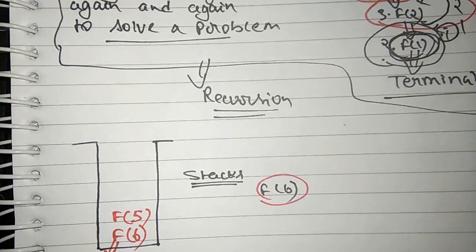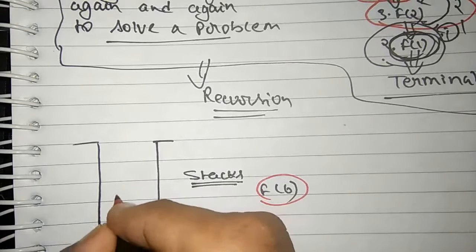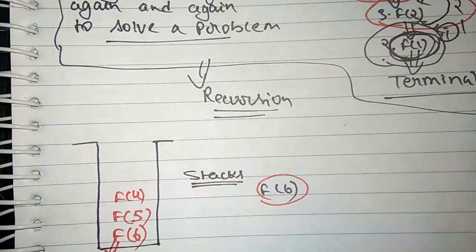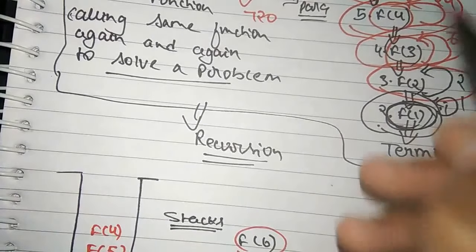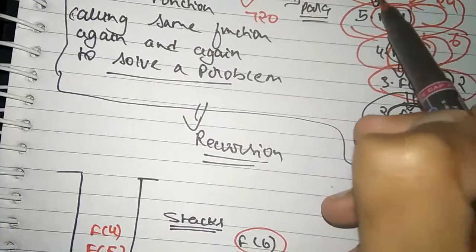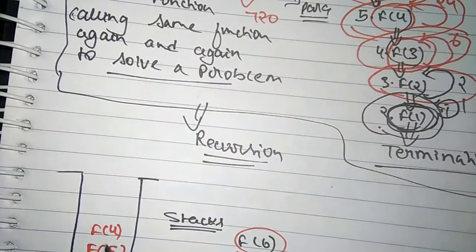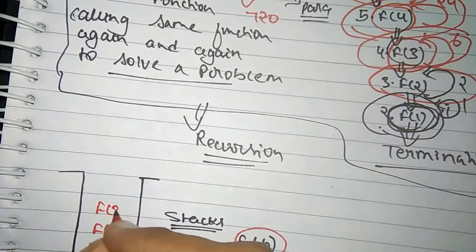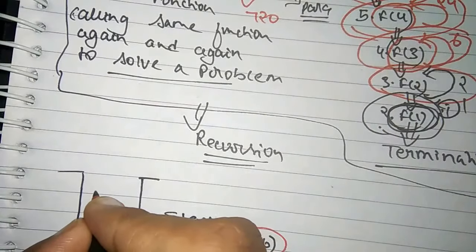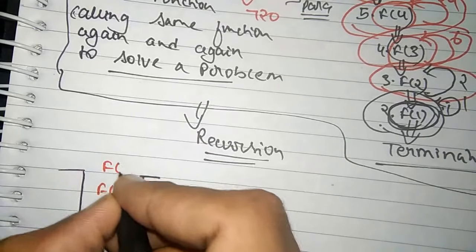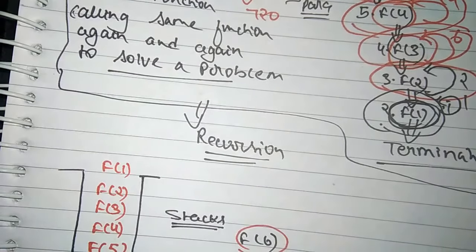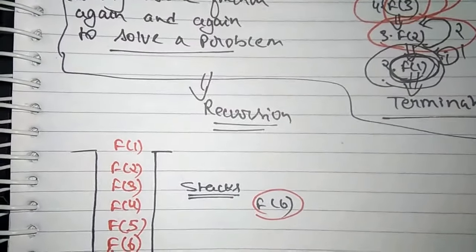Alright. F of 5 will call f of 4, as we have seen in our example. F of 5 is calling f of 4, and f of 4 will call f of 3. F of 3 will call f of 2, and so on. F of 1 is called, right?